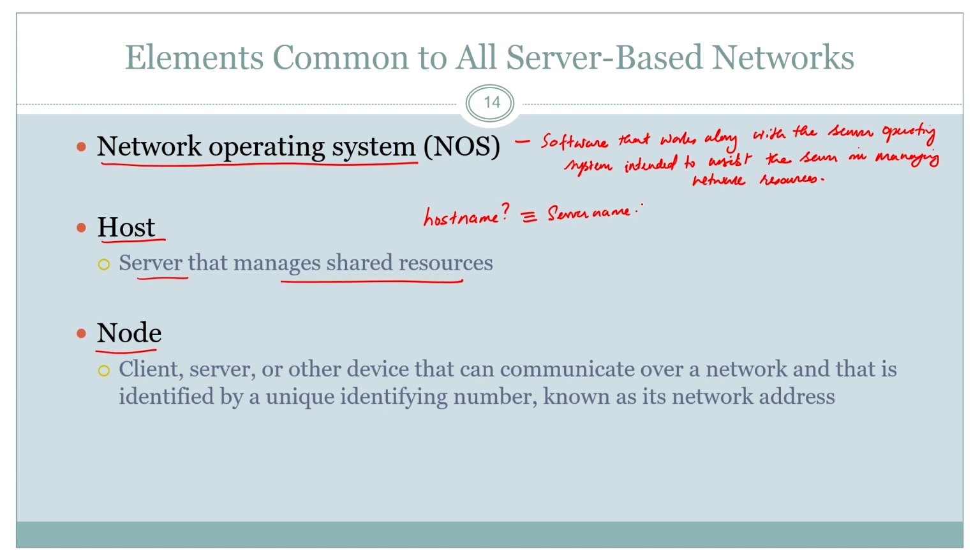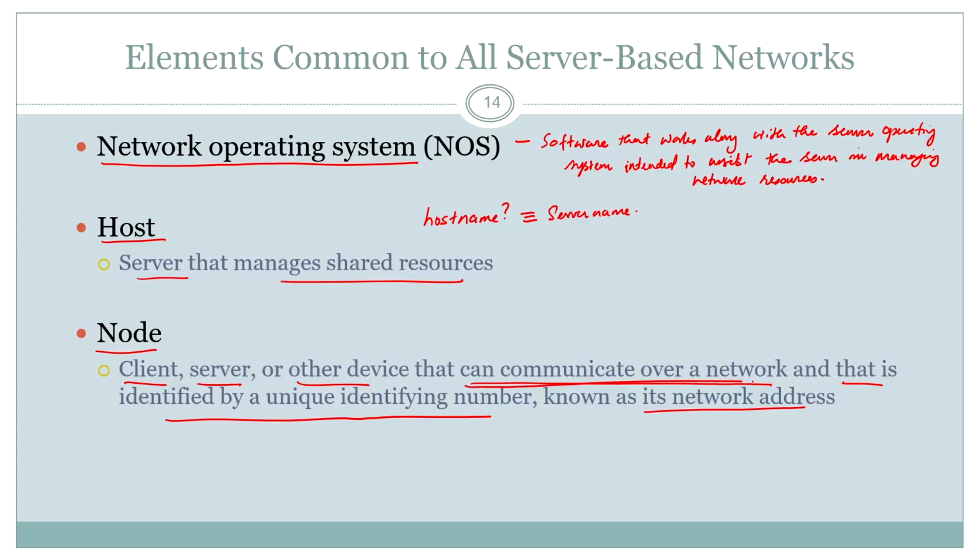Okay. So, host is a server that typically manages the resources, and node means it can be a client, it can be a server or other device that can communicate over a network, and that is identified by a unique identifying number known as its network address. Node does not distinguish whether you are a device, a server, a desktop, a client, etc. It does not matter.